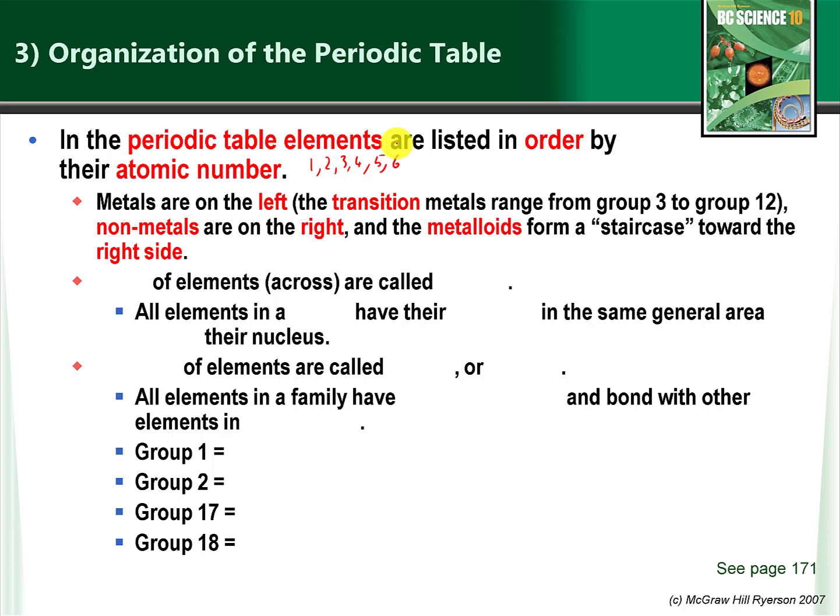Metals are on the left, and the transition metals are in groups 3 through 12. Nonmetals are on the right.